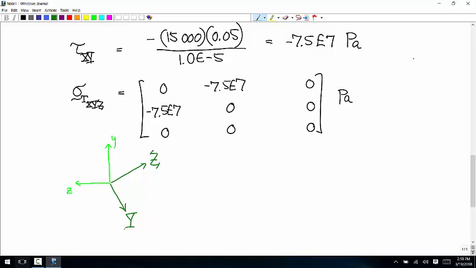They both have the same x-axis, so it turns out that you could add these, and what you're doing is just giving the stress tensor in this coordinate system, since this one only has an x normal component. If you're looking for something to waste some time, think about that.